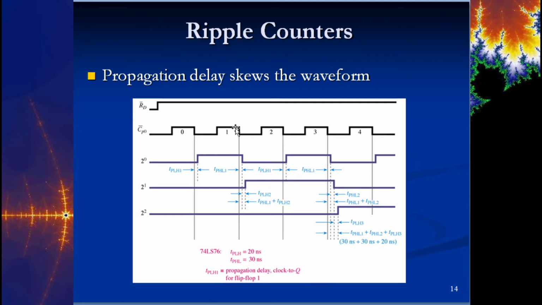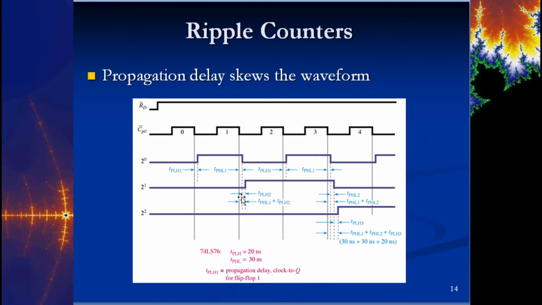Now when this changes again, it's still going to take 20 nanoseconds propagation delay, but now that's going to be built into this next one, because remember, the output Q is the input clock pulse of the next flip-flop. So that propagation delay gets fed into here because it won't even change until 20 nanoseconds.